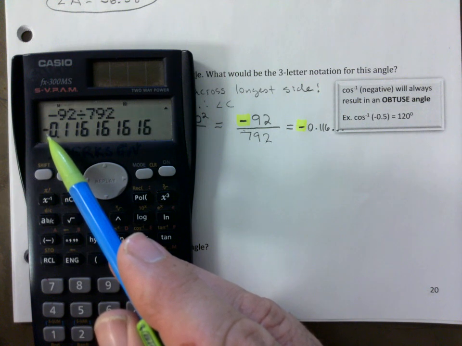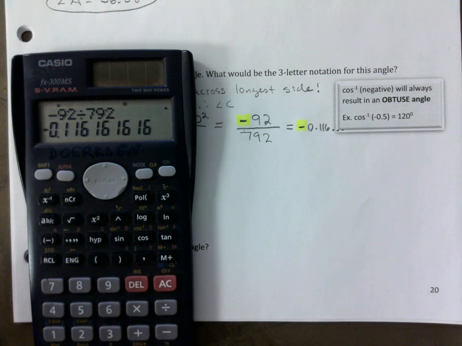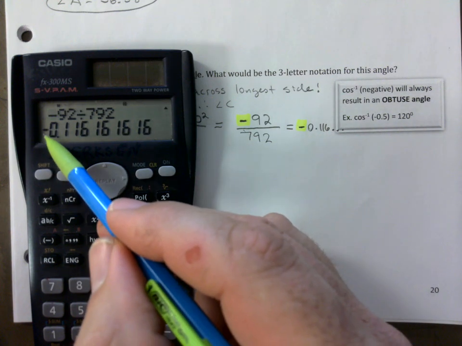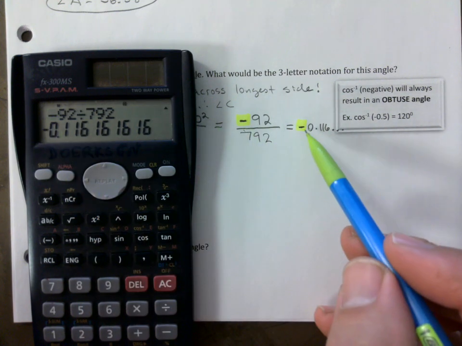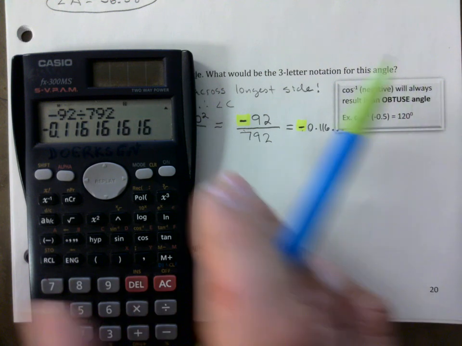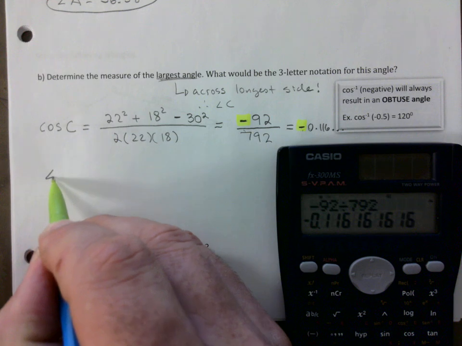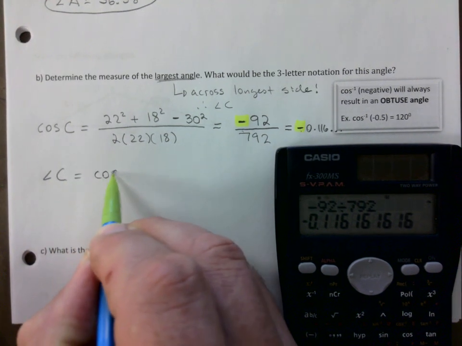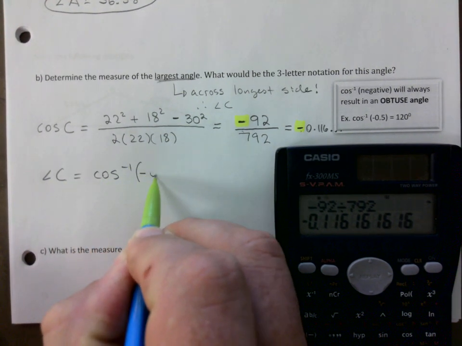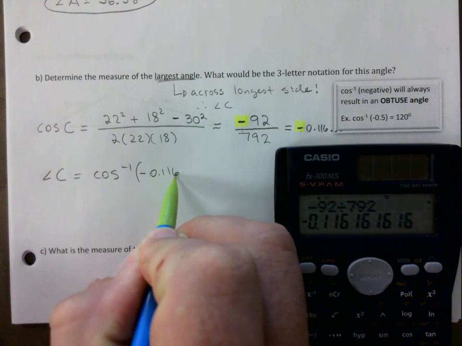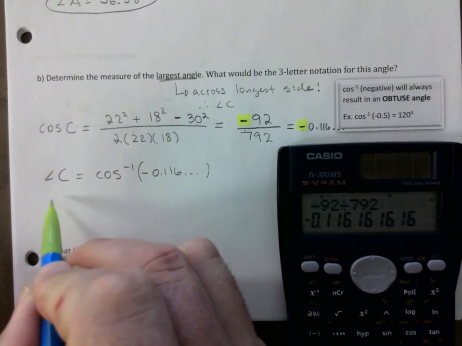You might have a plus slash minus button. That might be how you get the negative in there. But you have to have a way to get the negative. Okay? Leave this on your calculator. And then angle C is going to be found by going cosine inverse of negative 0.116, and that keeps going.